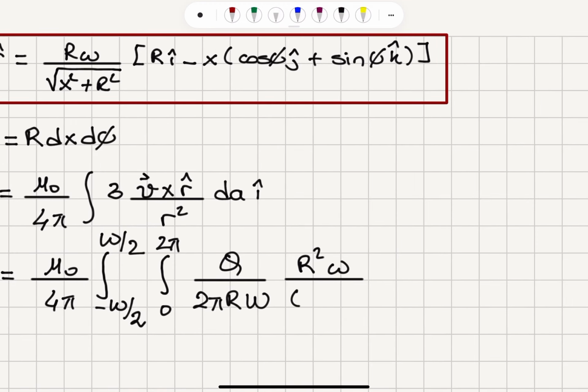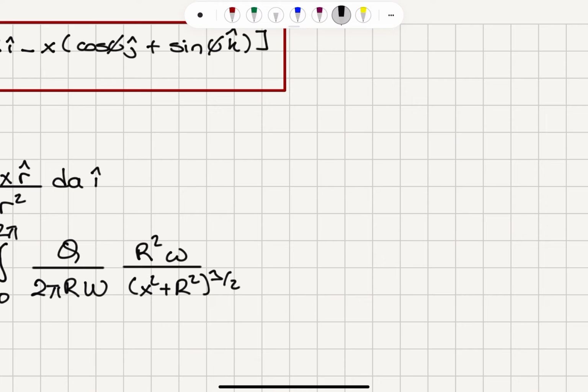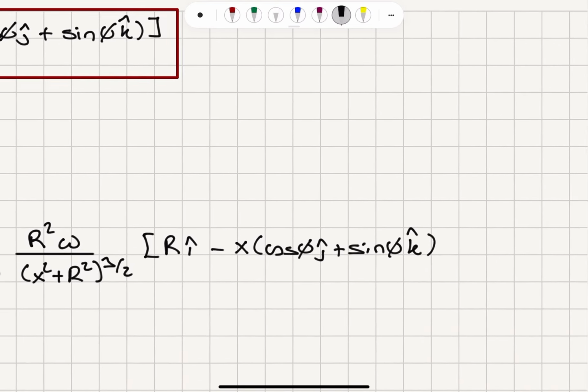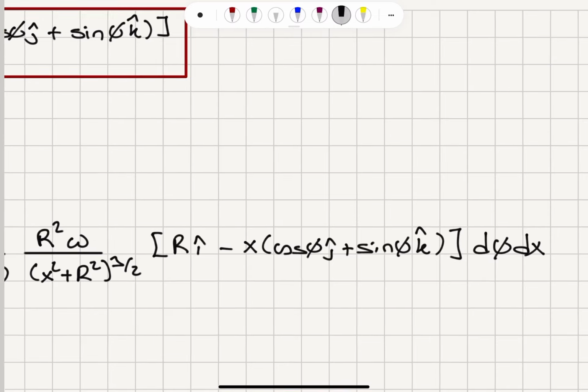Now r squared is x squared plus capital R squared, and multiplied with this gives me x squared plus capital R squared to the power 3 over 2. Then I have R i hat minus x times cosine phi j hat plus sine phi k hat, and the phi integral d phi and dx.